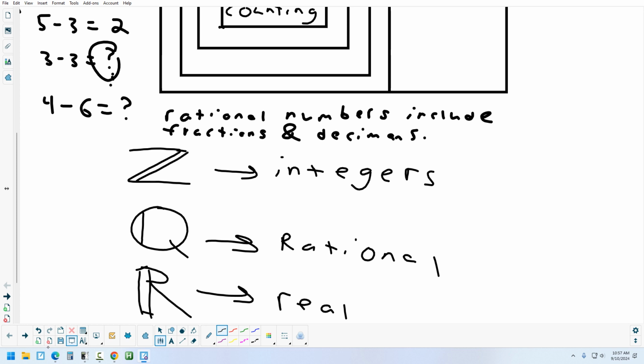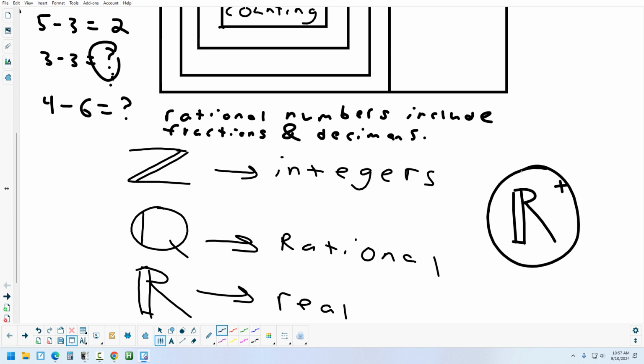You also might see something like this. You might see an R with a plus next to it. Does anyone have an idea what that symbol might mean based on the one that I wrote down? Yeah, a real number with a positive.